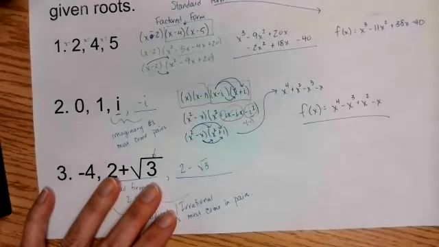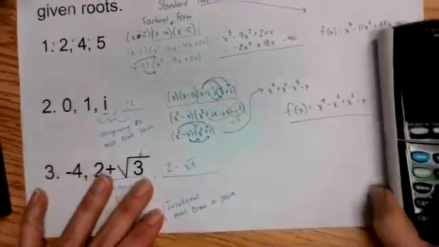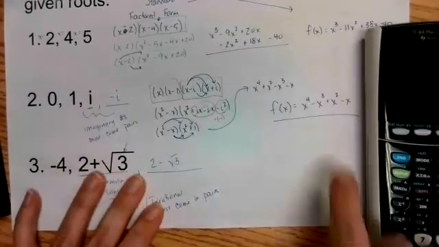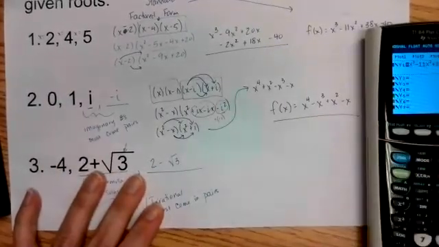If I was to graph this on my graphing calculator, I would only see it touch the x-axis twice because it has 2 real solutions and then 2 imaginary solutions, but it still has degree 4. So let me go back in and check. So x to the 4th minus x cubed plus x squared minus x.